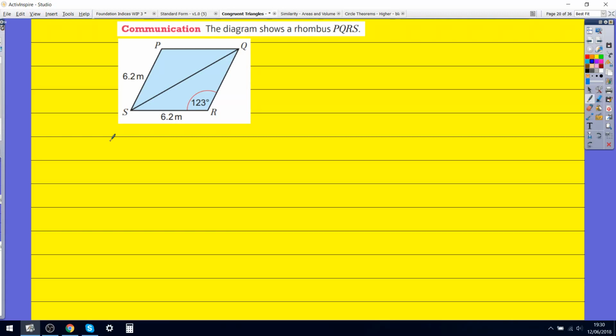Some people would have done the 6.2 and the other one and done side angle side. So I skipped one earlier that was like this. Now we'll do this one because it's proving that they're congruent.